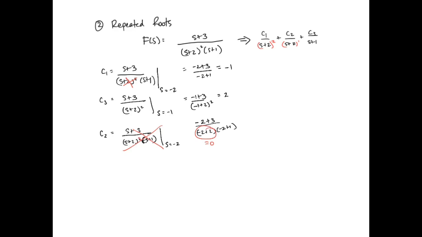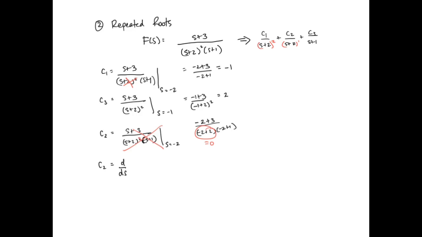But what does work is a little trick: you take the derivative. So C2 is equal to the derivative with respect to s, and now you multiply the function f of s by the repeated root.